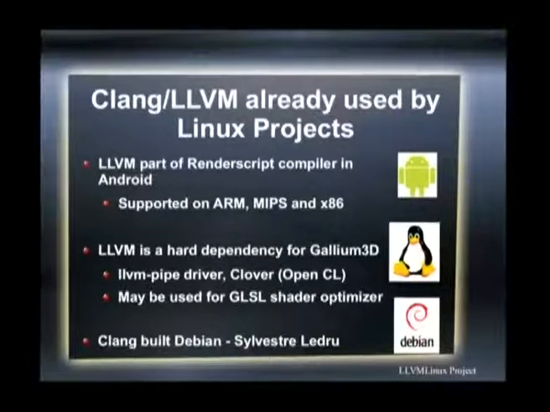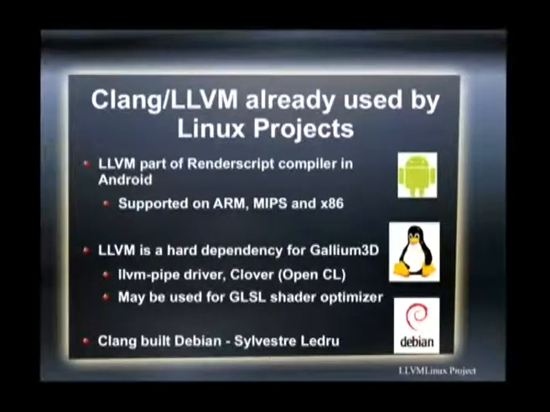So, what else? LLVM is also part of a few more projects. For example, it's an integral part of RenderScript in Android. It's part of the Gallium3D engine in multiple ways.